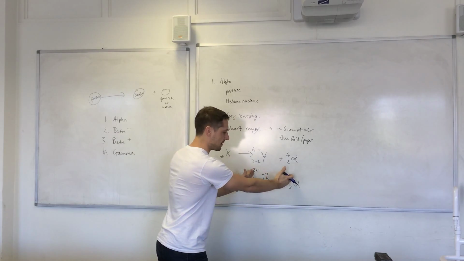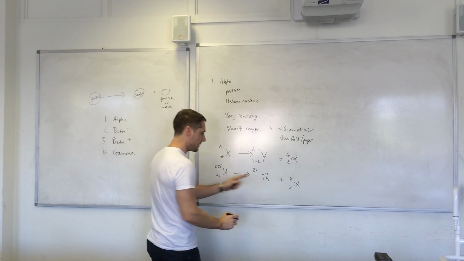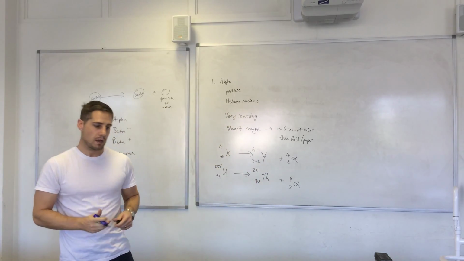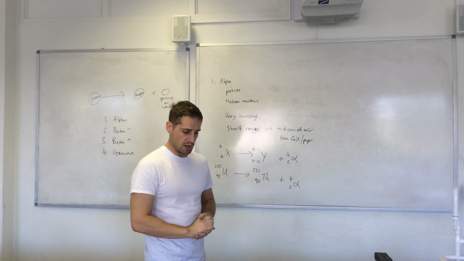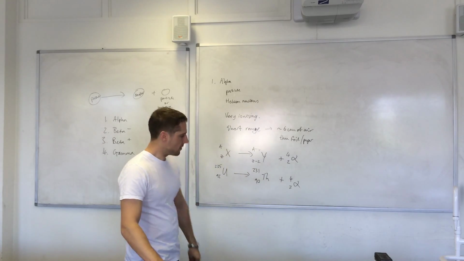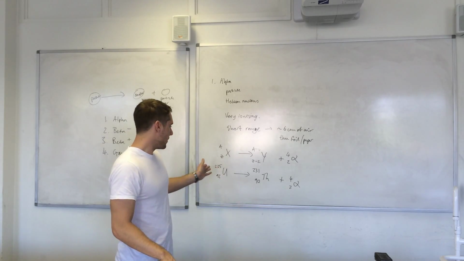So the numbers over this side must equal the numbers over this side. And 92 turns into 90 there, plus the 2 there. So that's quite similar to what you're probably used to from chemistry equations, balancing equations. That is our decay equation for uranium-235.